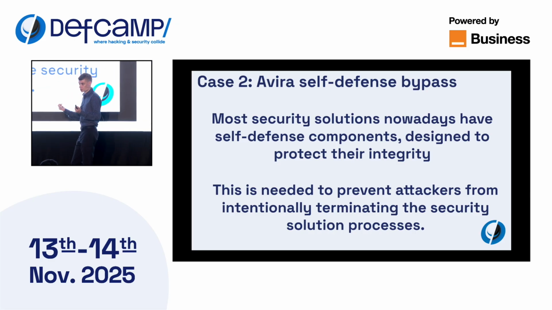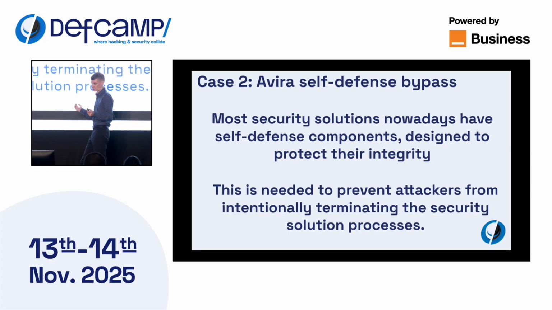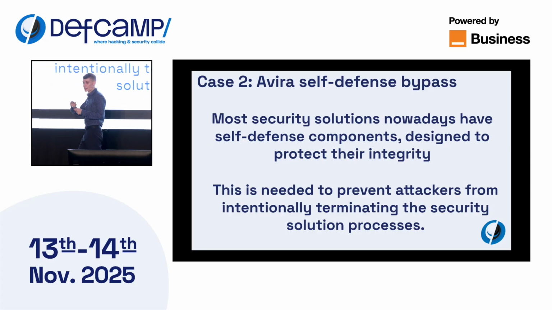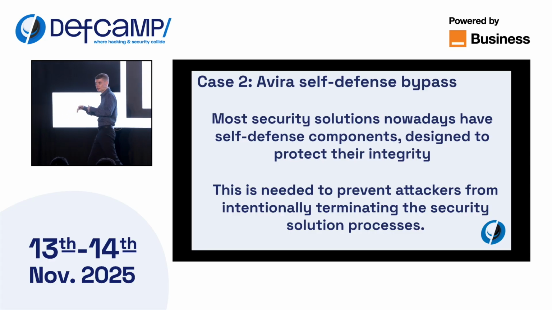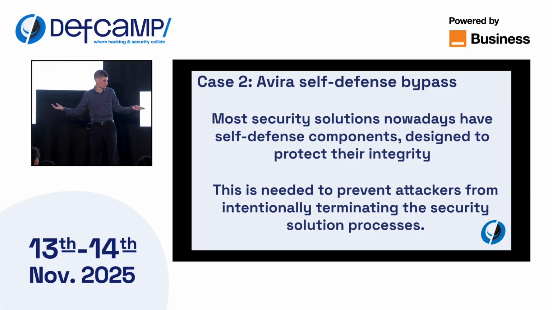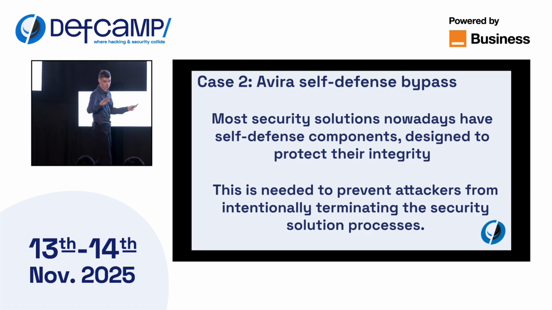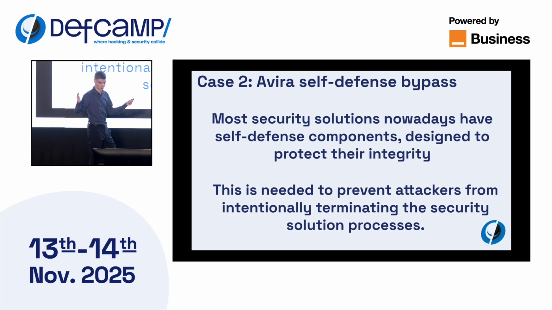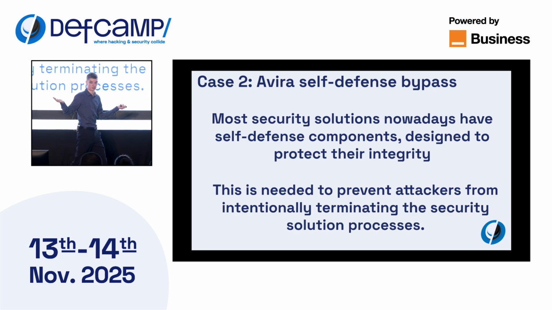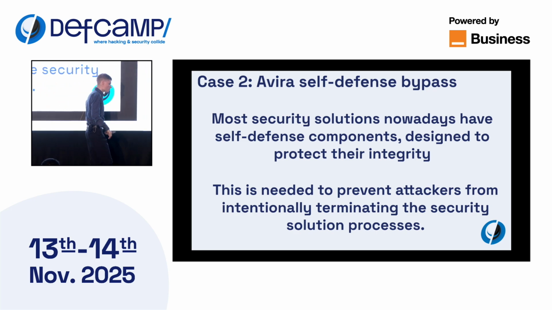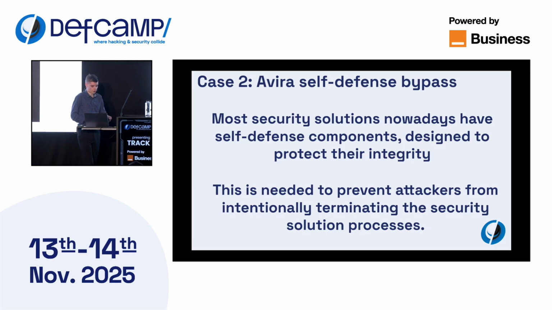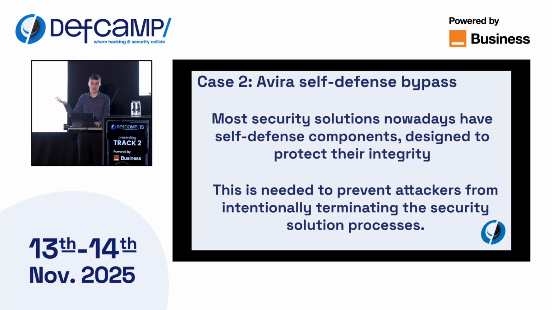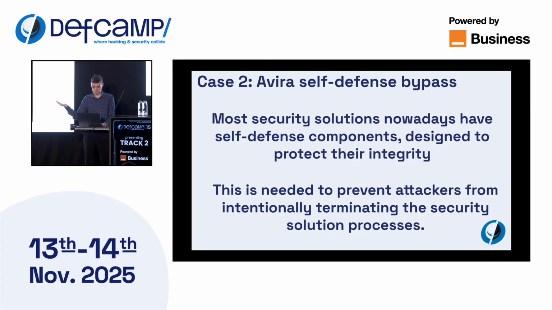A security solution needs self-defense mechanisms to make sure that a threat actor can't disable the tool, can't inject anything into it, and cannot terminate its process, because if you tamper with the security solution, it may not be able to detect the malware. So security solutions try to prevent any behavior that tries to terminate their processes and so on.